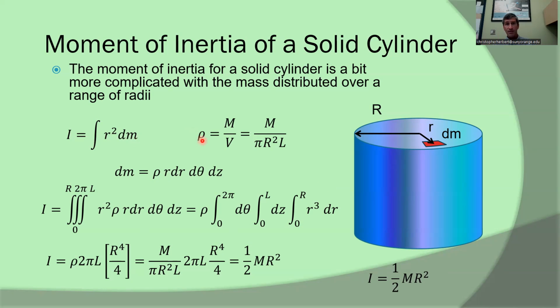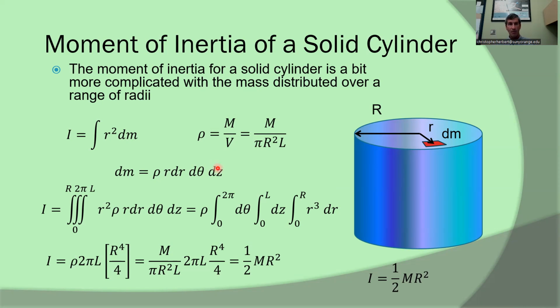We're going to say here that instead of using a linear density like we did for the ring, whereas mass divided by length, we have mass divided by volume. The volume of a cylinder is pi r squared L, so that's what this density represents. So every little infinitesimal piece of mass equals the density, okay, times the volume. You should know that dV for polar coordinates is r dr d theta dz.